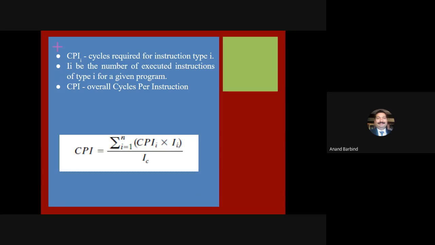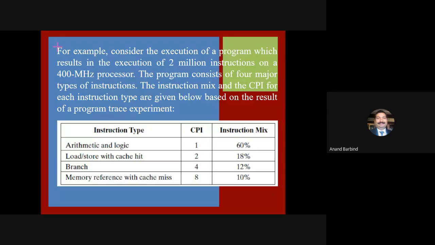The percentage is given: I1 is 60%, I2 is 18%, I3 is 12%, and I4 is 10%. So from this we can calculate I1, I2, I3, I4. CPI1, CPI2, CPI3, and CPI4 are given here, and IC we know. So from this we can calculate the overall CPI.